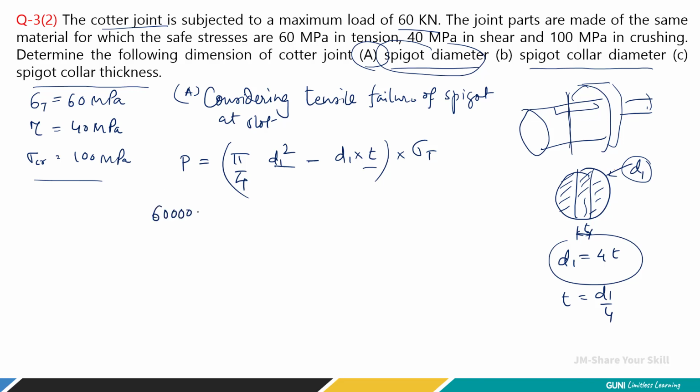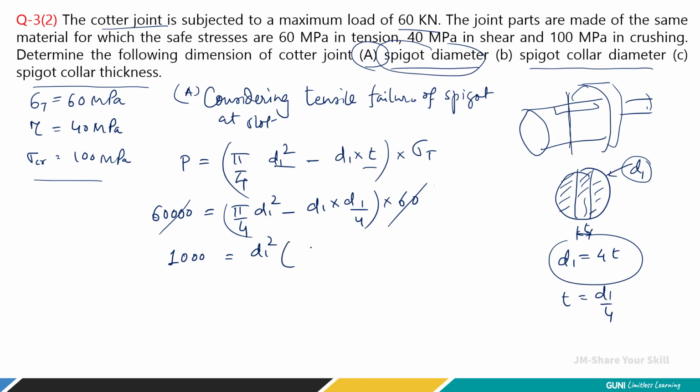So 60,000 equals pi by 4 D1 square minus D1 into t, with t replaced by D1 by 4, and the tensile stress is 60. Now let's cancel out this 60, so simply 1000. Let's take the common value of D1 square.